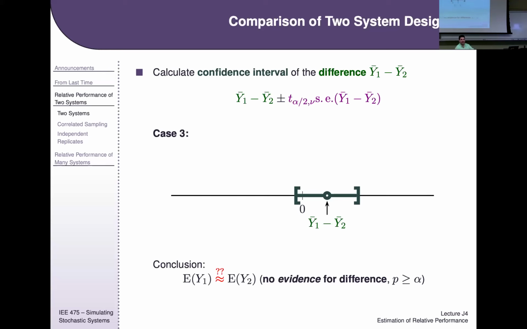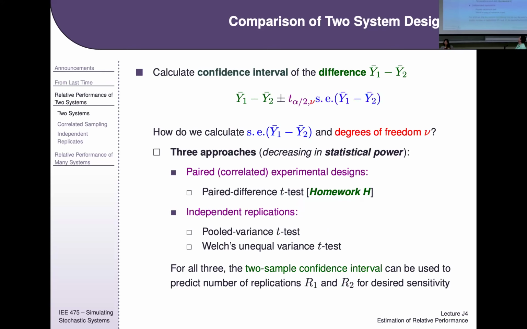So depending on how you set your experiment up, we're going to use different standard error formulas and different degrees of freedom. But the confidence interval will have the same formula. So the experimental setup sets up the confidence interval formula. Once you have the confidence interval, you can interpret it like this, regardless of how the experiment was set up. So that's where we're going.